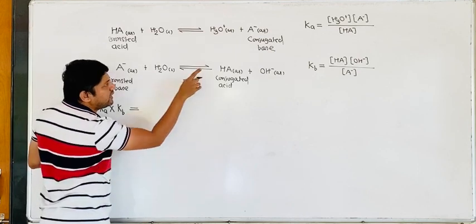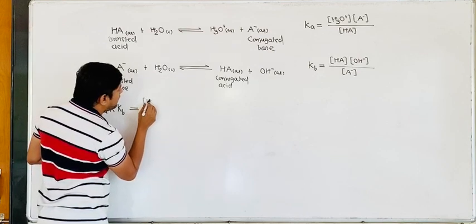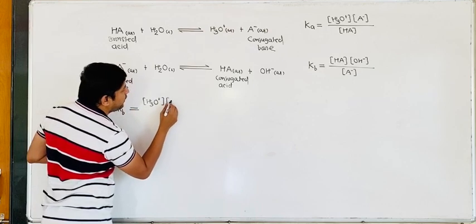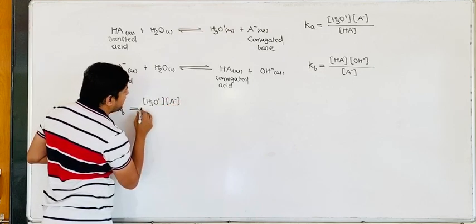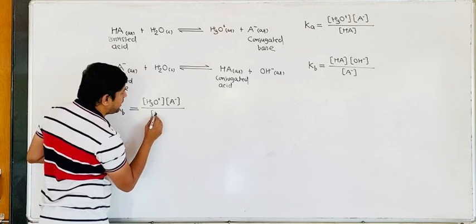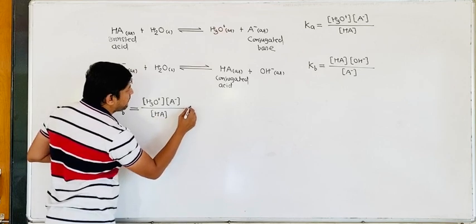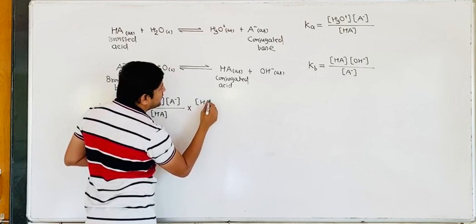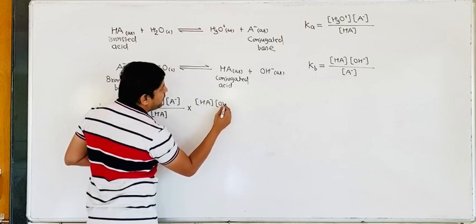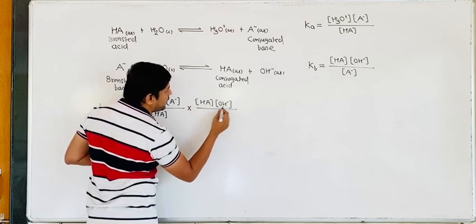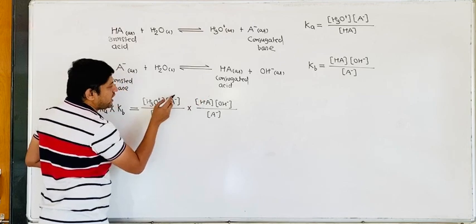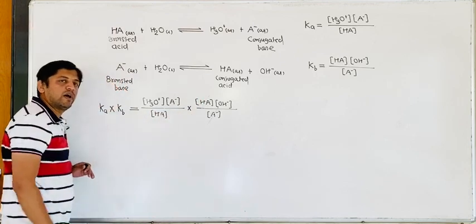Ka into Kb is equal to concentration of H3O plus into concentration of A minus divided by concentration of HA, and Kb is concentration of HA into concentration of OH minus divided by concentration of A minus. A minus are cancelled out.